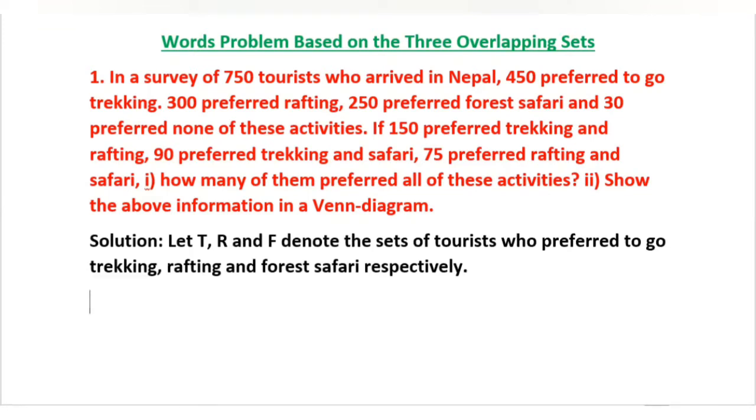So the total is 750. The total is represented by n of U, so n of U is 750. Then n of T, tracking, is 450.